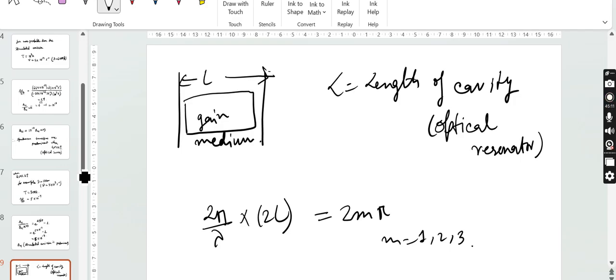The wave starts traveling from one mirror, then toward the other. The second mirror is partially reflecting, so it reflects back toward the first mirror. In traveling to the first mirror, the wave is again amplified. Thus, between the two mirrors, there is propagation in both directions.